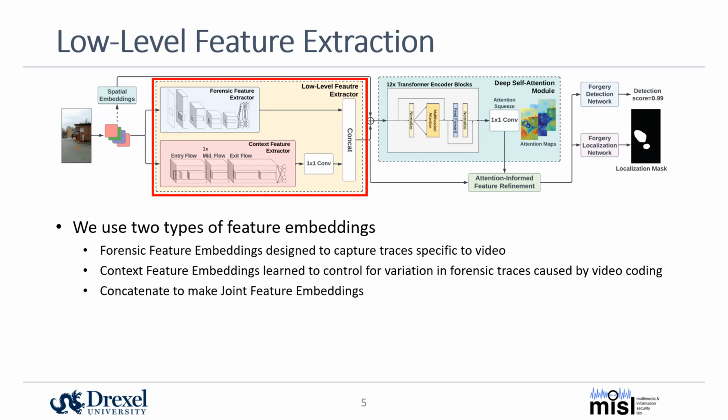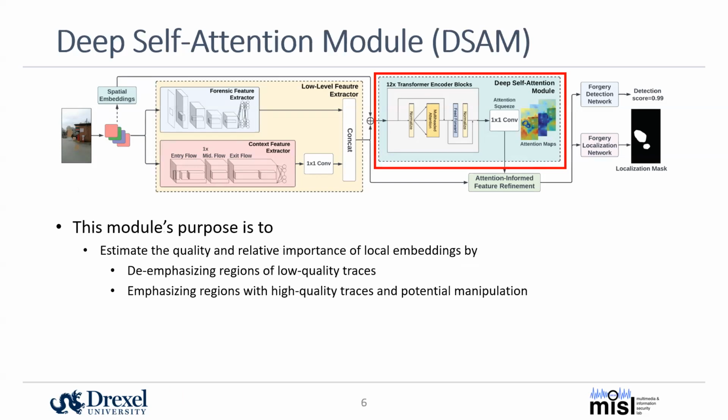And the joint feature embedding, which are made by concatenating these two embeddings. The deep self-attention module's purpose is to estimate the quality and relative importance of local embeddings by de-emphasizing regions of low-quality traces and emphasizing regions with high-quality traces and potential manipulation.